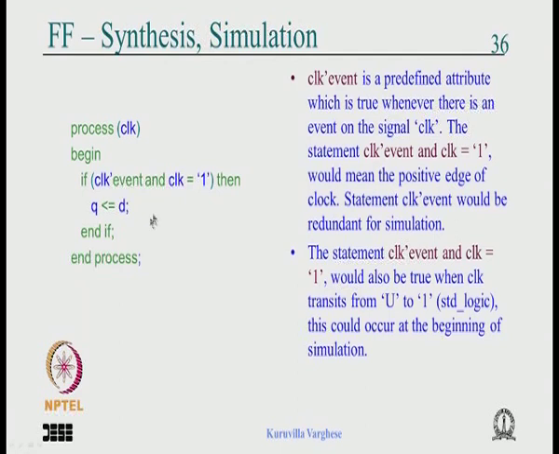It is not by understanding the meaning of that. So this is taken as a template, and you should not take too much liberty with it. Maybe there is a dumb synthesis tool which will work if you write clock tick event and clock is equal to 1, but it may not work if you write clock is equal to 1 and clock tick event. So don't take too much liberty.